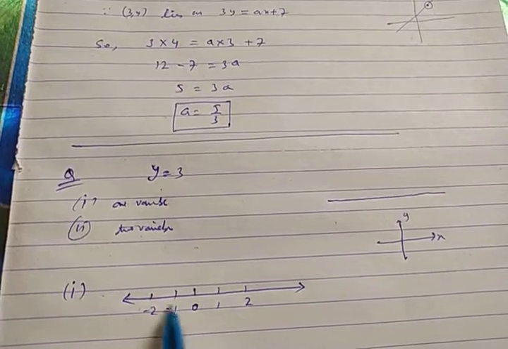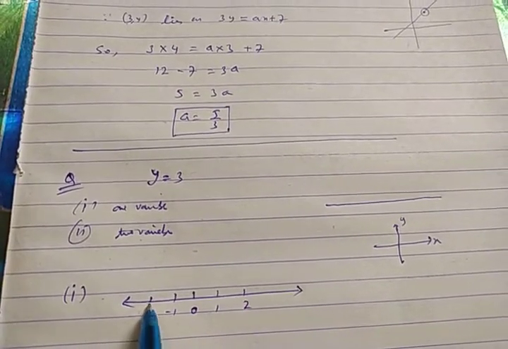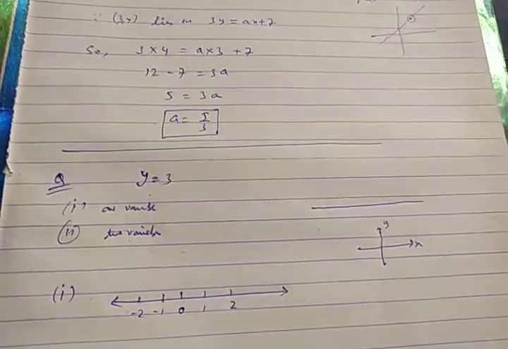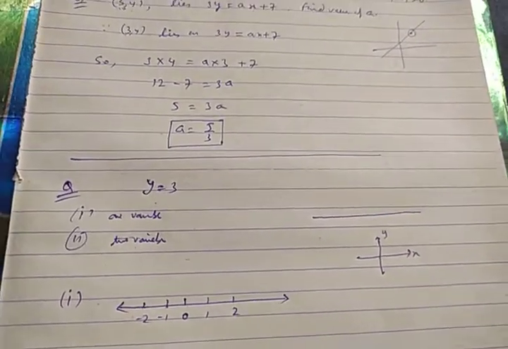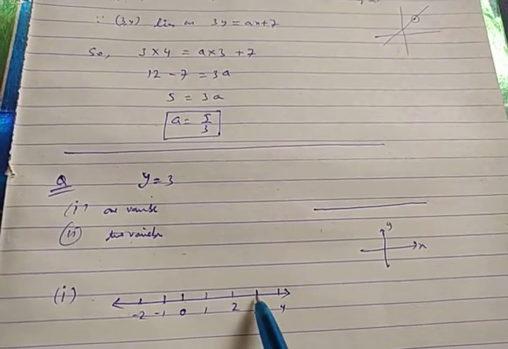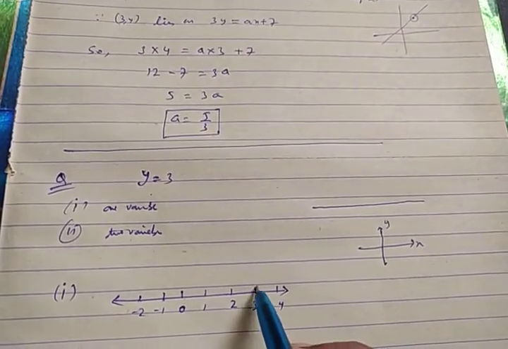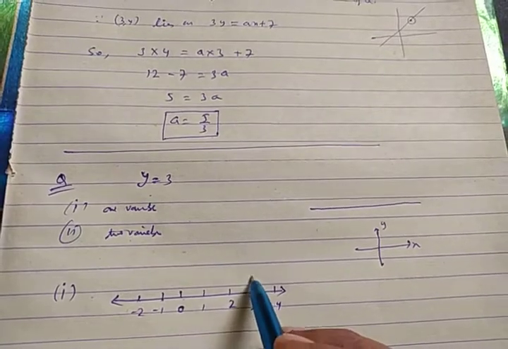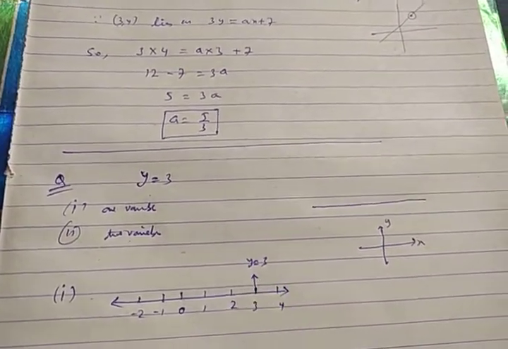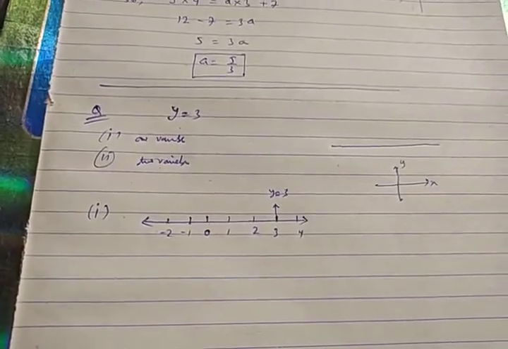I am putting these values randomly, but you will mark these points with the help of a scale, as I have explained properly in the previous two lectures. 3 and 4. Simply you can encircle this point or you can extend the line like this, y = 3. This is simply the representation in one variable.